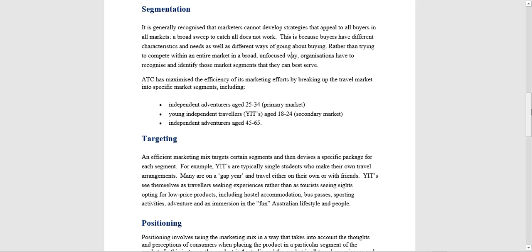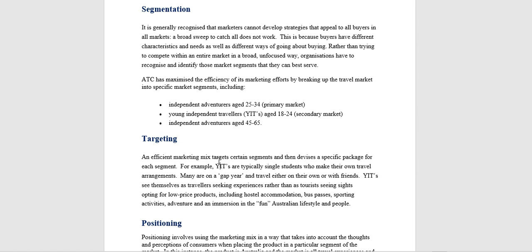So this is how the targeting works, and therefore I have used the example of YITs. I am highlighting here, YITs stands for young independent travelers. In this case, I have used an example of YIT in each portion. YITs are typically single students who will make their own travel arrangements. Many are on a gap year and travel either on their own or with friends.